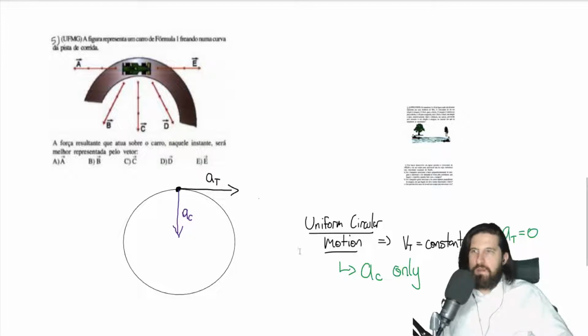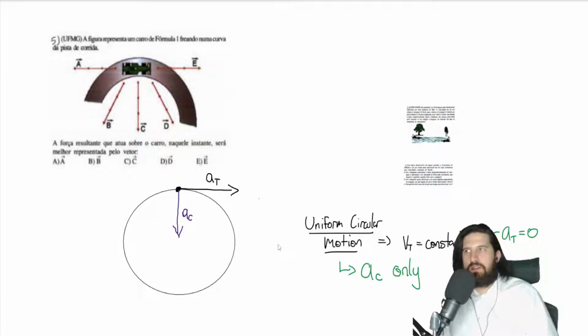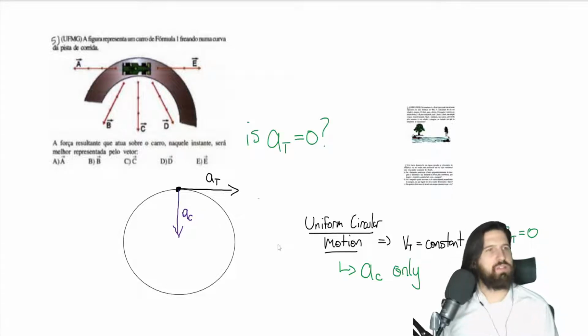Okay. But do we have an AT, right? Is AT 0? In our case, this is an important question, is AT equal to 0? That is what I was asking when I was asking, are they braking? Is the velocity changing? So you say the velocity is slowing.